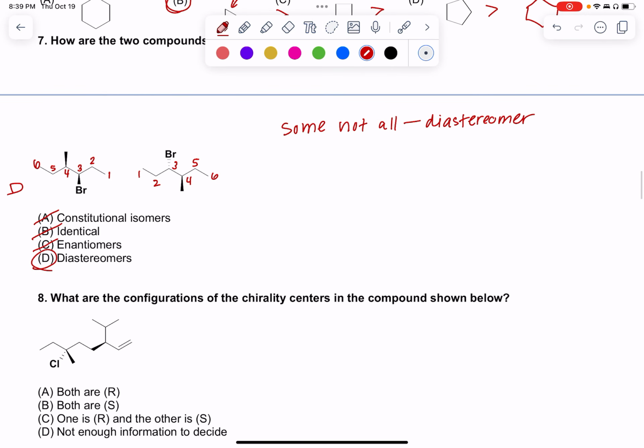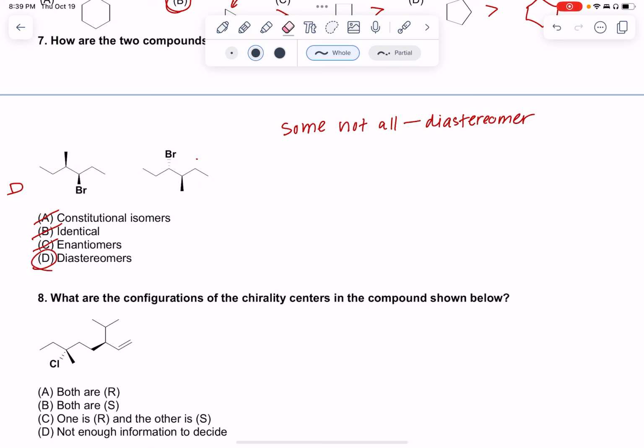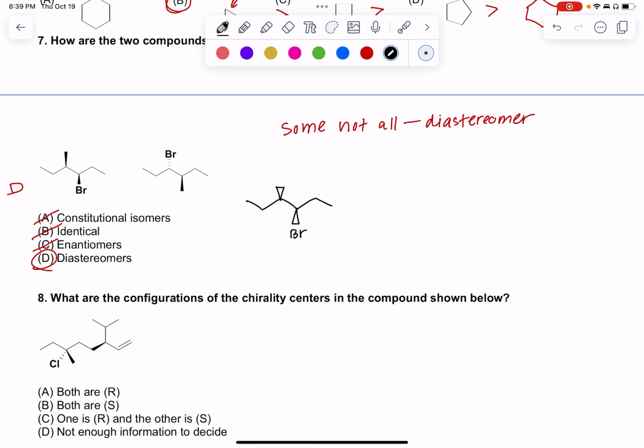If you were looking at the enantiomer, just to show you what that looks like, let's just draw this out again. We'd have a methyl here and a bromine here. So to draw the enantiomer, I would look at the chain. Okay, 1, 2, 3, 4, 5, 6. 1, 2, 3, 4, 5.